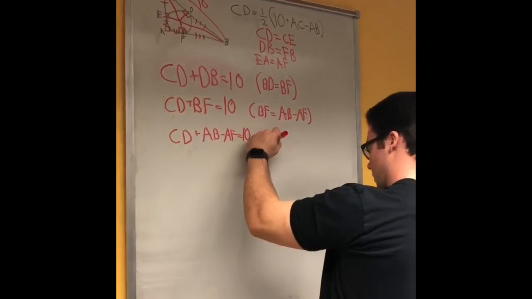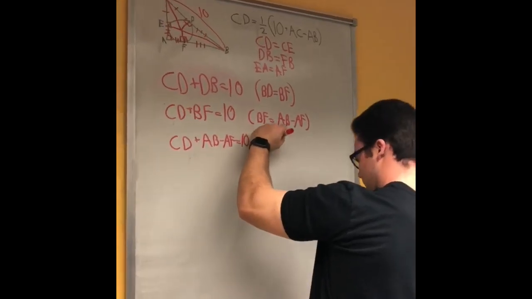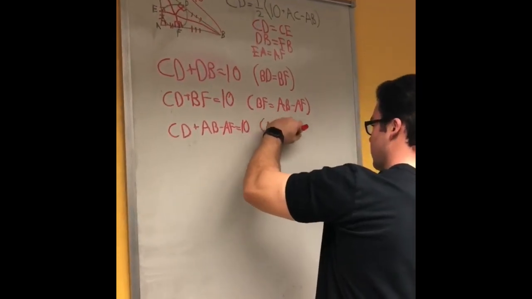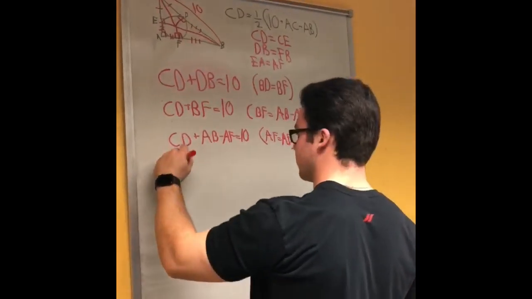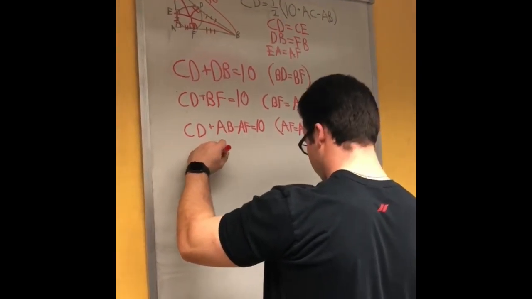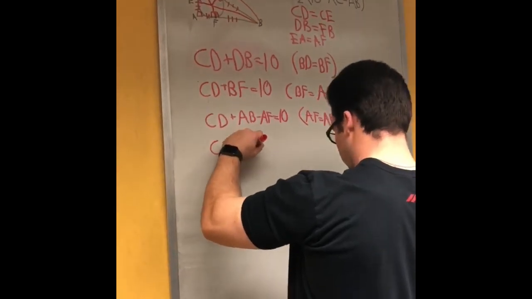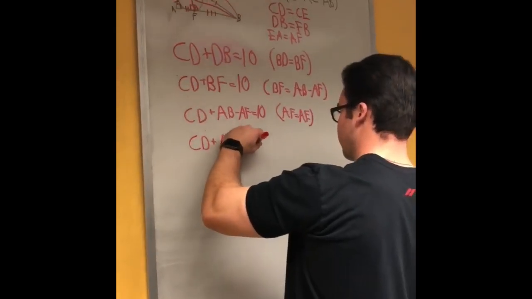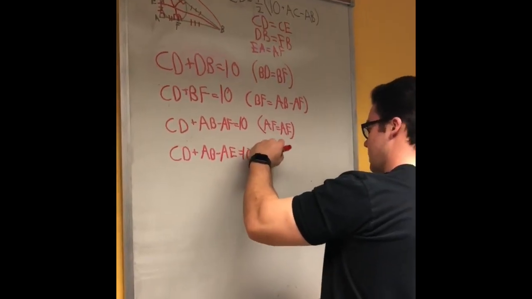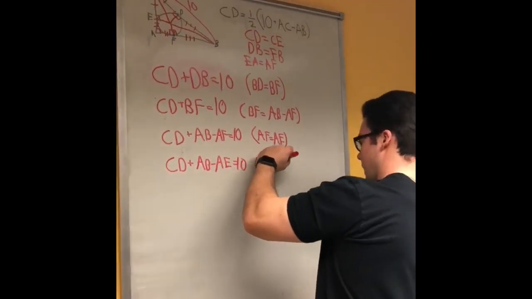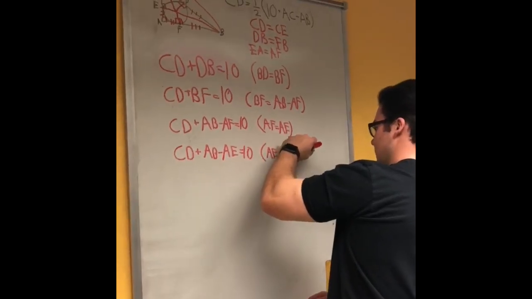But we also know AF equals AE. So for that, we can substitute and do CD plus AB minus AE equals 10. But we also know that AE equals AC minus CE.